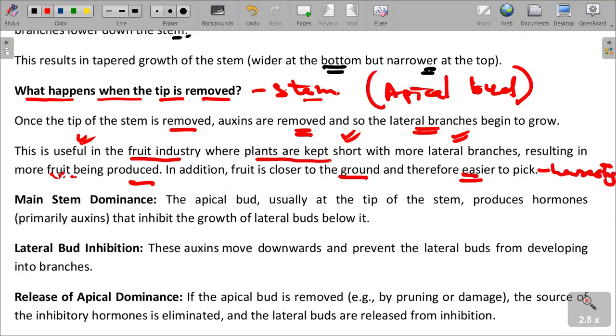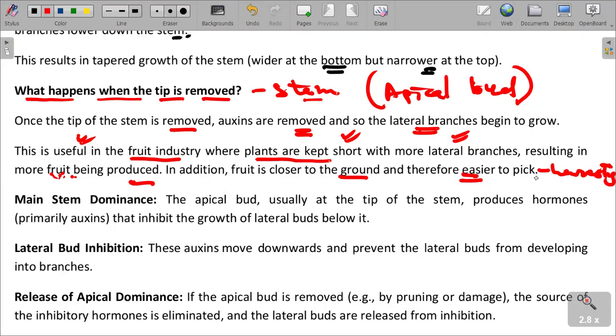That the fruits are closer to the ground is an advantage in terms of time management. When it comes to harvesting, harvesting becomes very easy. So this is a concept which is sometimes hidden and not quite straightforward when it comes to plant growth hormones, the issue to do with the auxins.